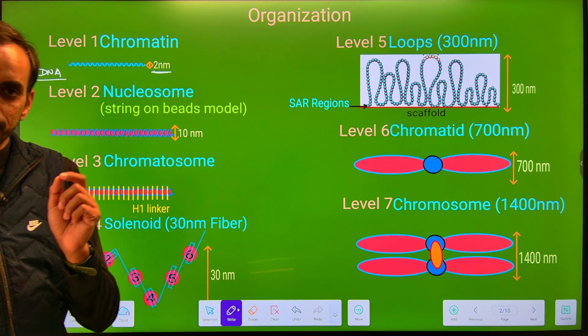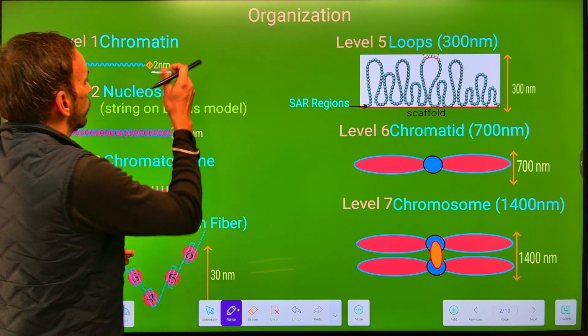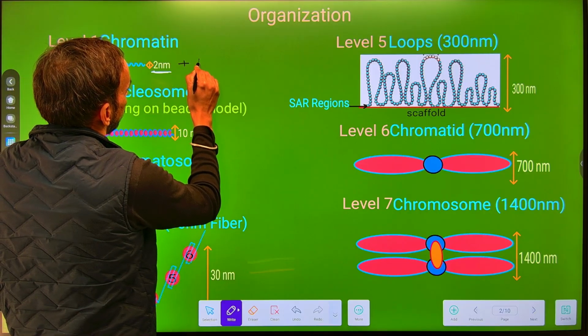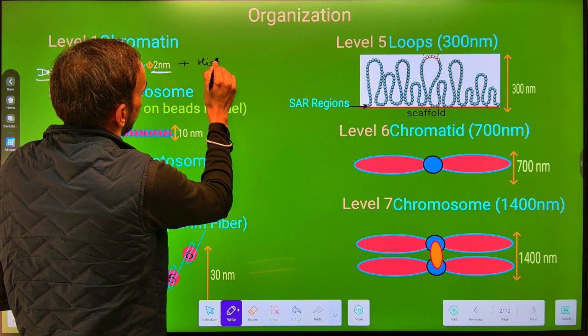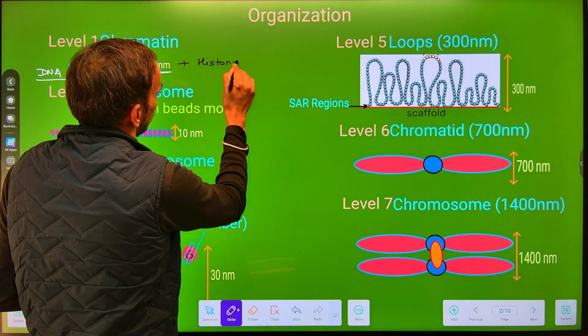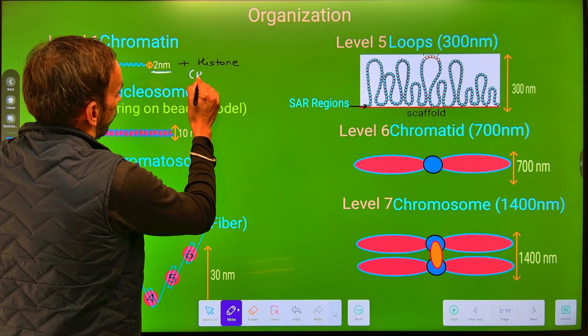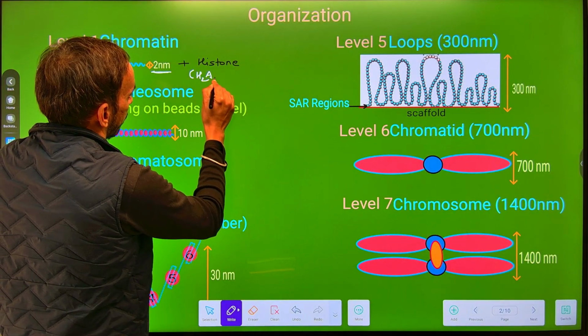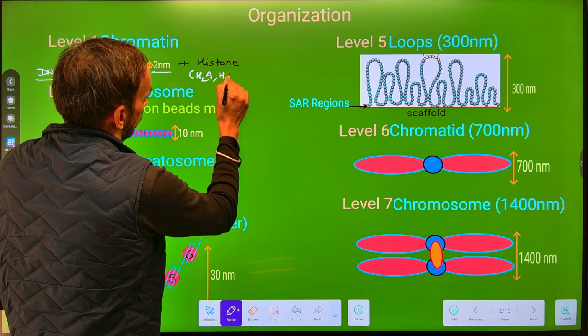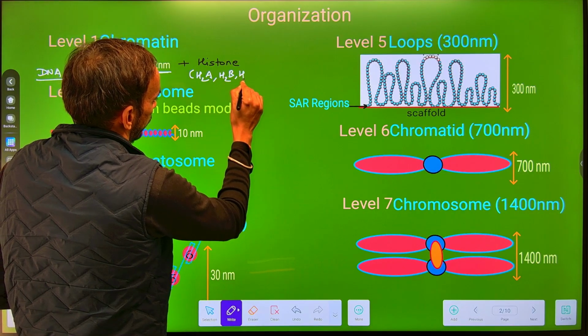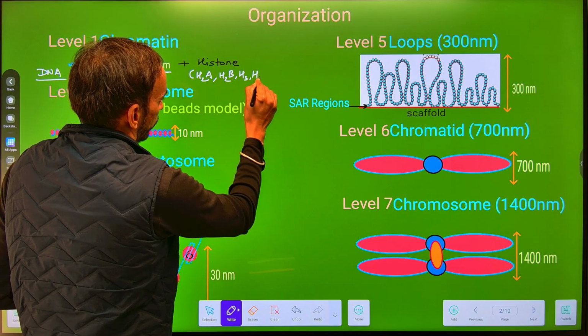Now this 2 nm fiber further associates with some proteins which are called histone proteins. There are 4 different types of histones: H2A, H2B, H3 and H4.